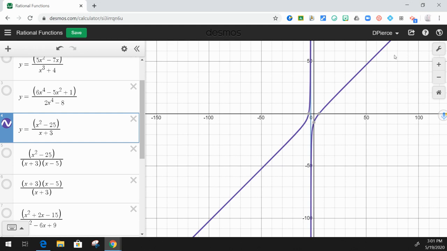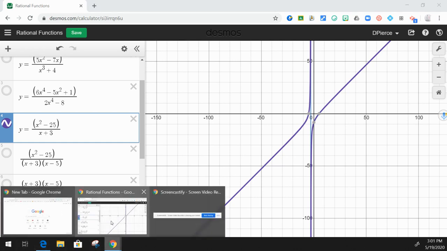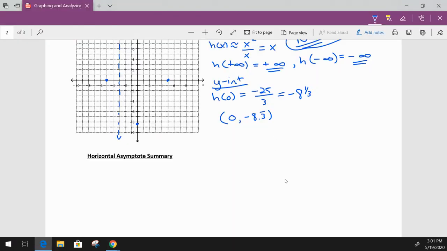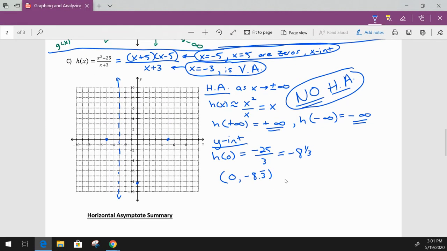So even though we don't have a horizontal asymptote, this particular graph does have an oblique asymptote. I'm going to quickly explain how to find that oblique asymptote, because it is something that you will do in pre-calculus.